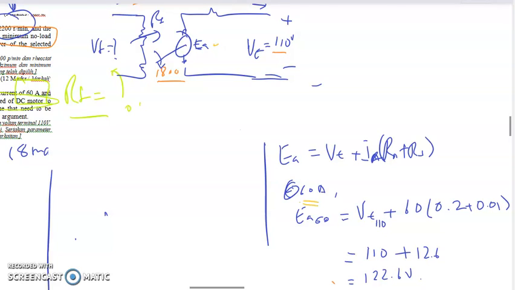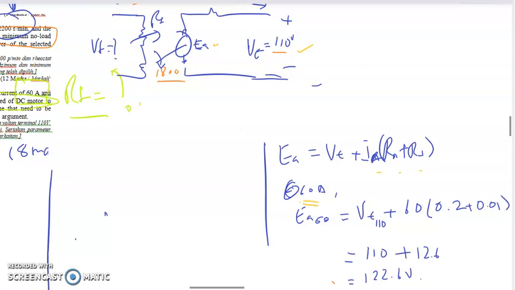So the same goes for the formula. EA at 60 ampere is equal to the terminal voltage at 60 ampere plus the current IA times (RA plus RS). VT is given as 110 volt, and our current is 60 ampere. So we put 60 amp times 0.2 plus 0.01.